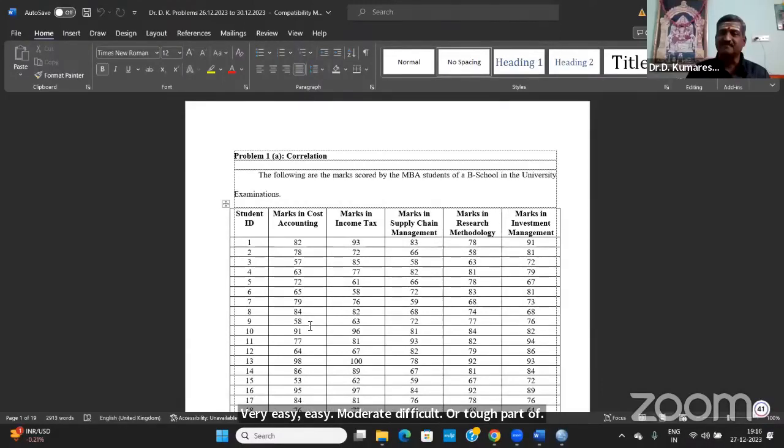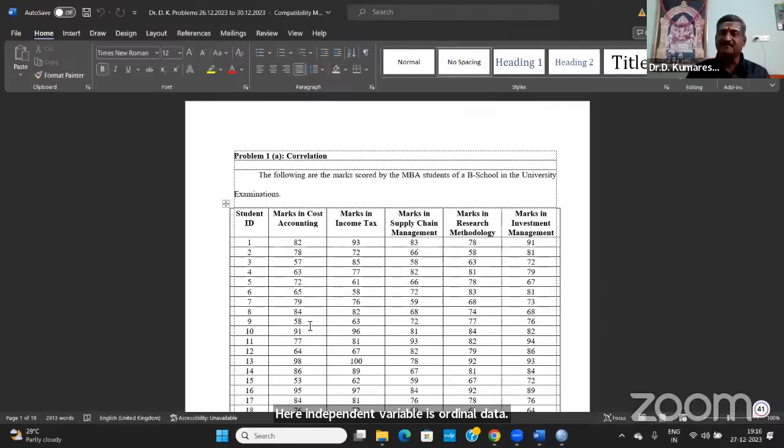Earlier, 10 hours, 15 hours, 20 hours, 30 hours, 50 hours is scale data. Here the independent variable is ordinal data.